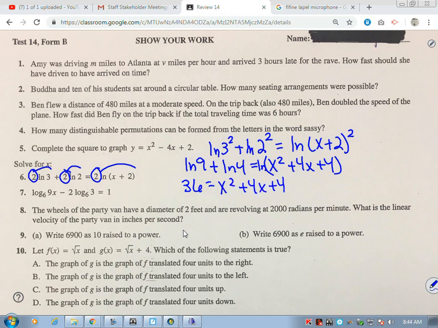What would you do with that 36? Subtract it. Okay, so we're going to subtract 36. All right, I'm going to switch colors here. So we've got x squared plus 4x. What's 4 minus 36? Negative 32. So then we are factoring that down.